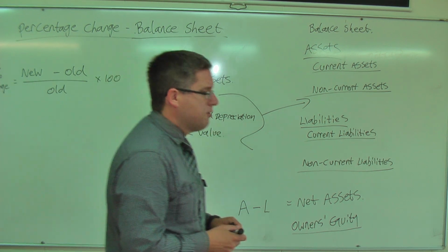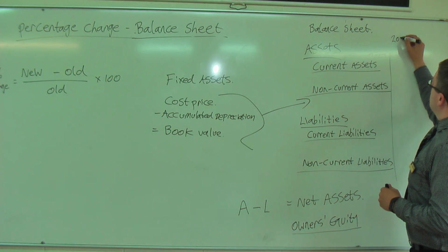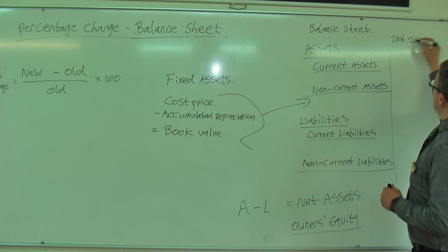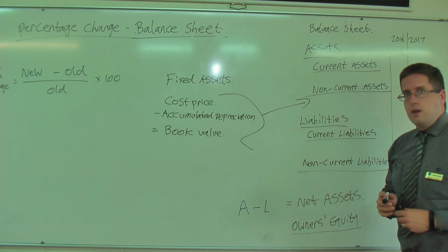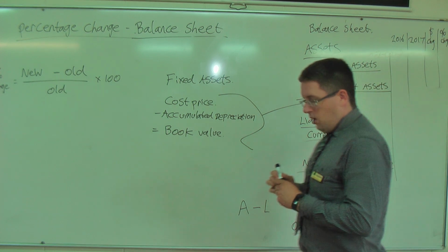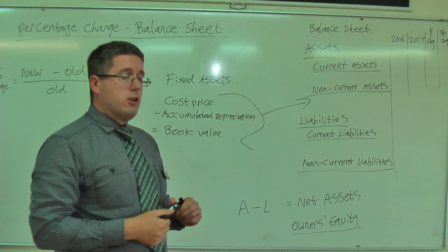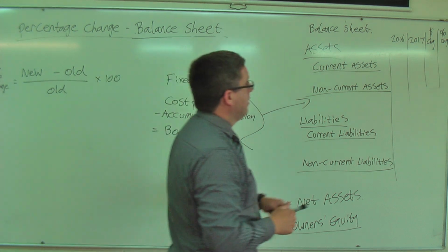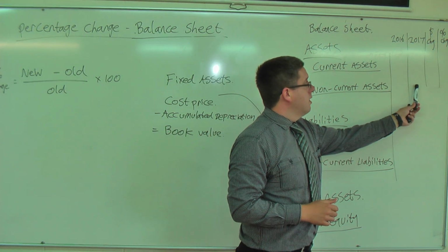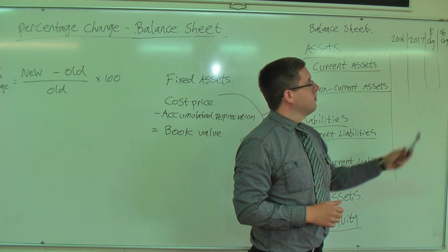Now when you're preparing these, again, we're going to be doing it for 2 years. So 2016, 2017. Once you've done those, you can then do the same 2 columns. Sorry if this is really in the top corner. You'll have a column there for dollar change, which will be the 2017 figure minus 2016 equals the dollar change.